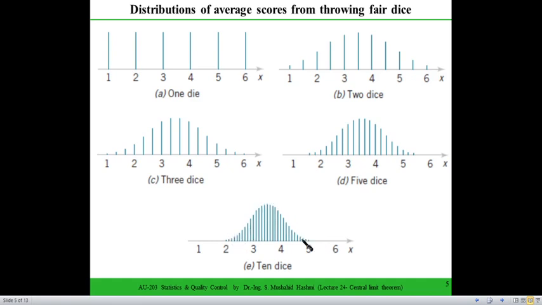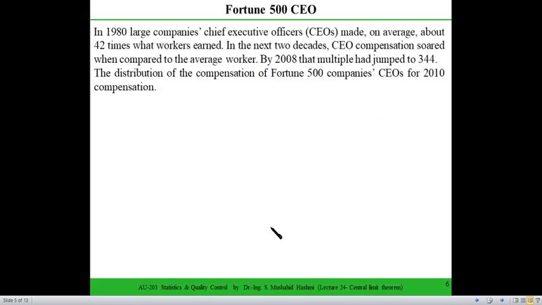So there is a link: when you throw dice several times, your distribution becomes a normal distribution, and you can see this from the experiment of throwing a dice.